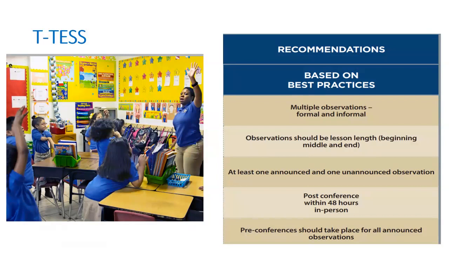It is encouraged to have at least one announced and one unannounced observation, as well as an in-person post-conference that should take place within 48 hours of the lesson observed. Lastly, ensuring that pre-conferences take place for all announced observations will also set the tone for creating a positive school-wide culture, as well as strengthening your teacher observation system.